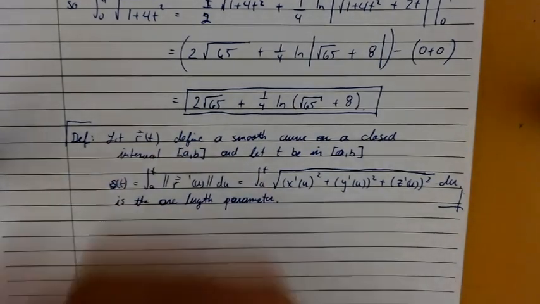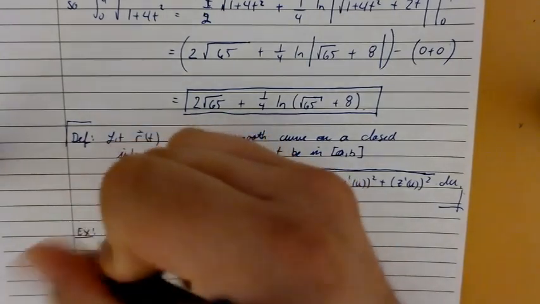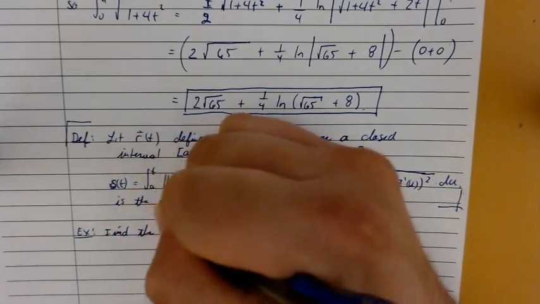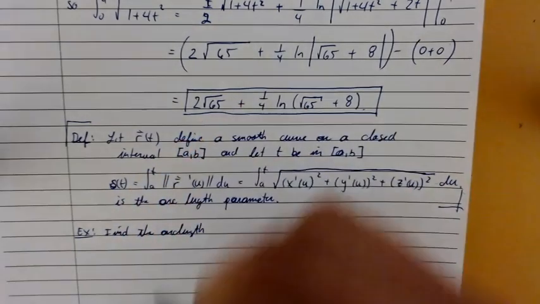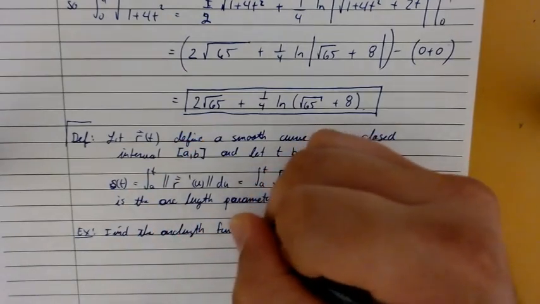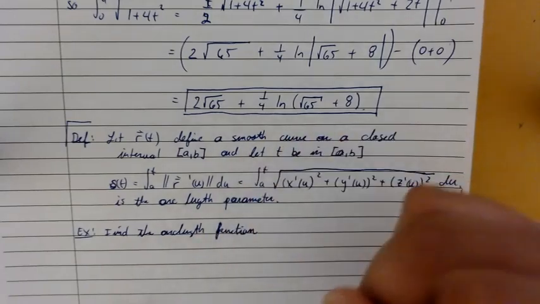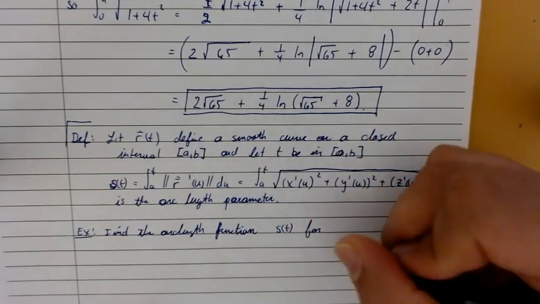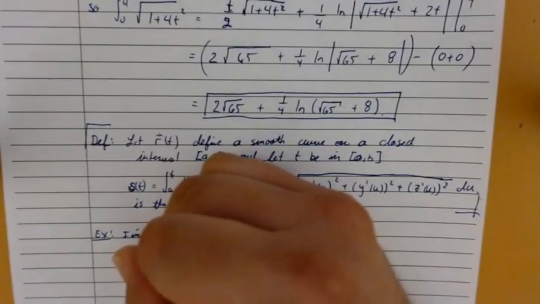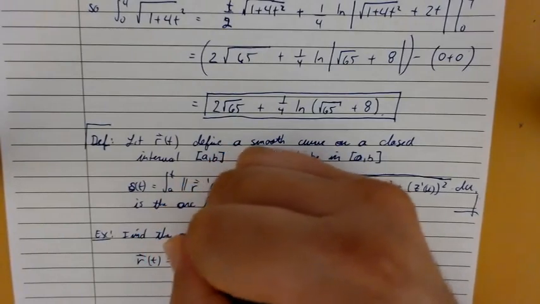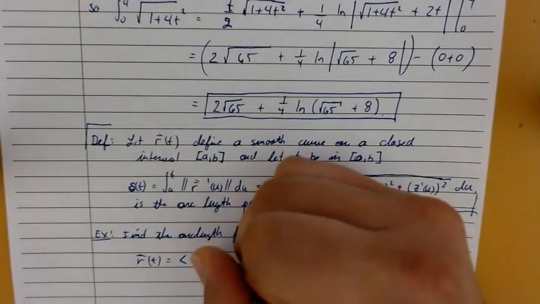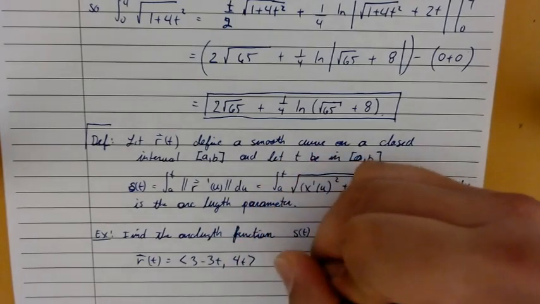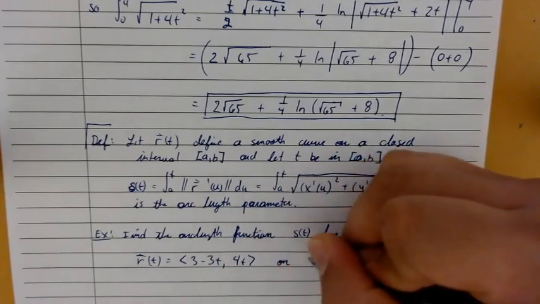So as an example, let's go and find the arc length function s of t for r of t equals 3 minus 3t, comma 4t, on the interval from 0 to 1.